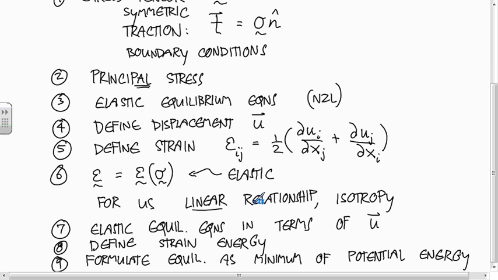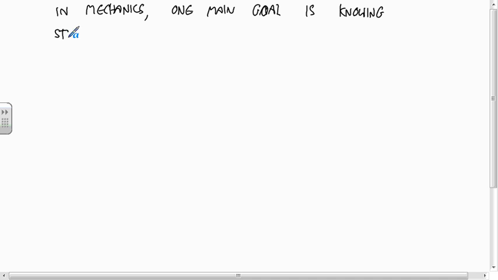Okay, so I'm going to start by talking about the stress tensor. In mechanics, one of the main goals is knowing the stress and strain at every point in an object.